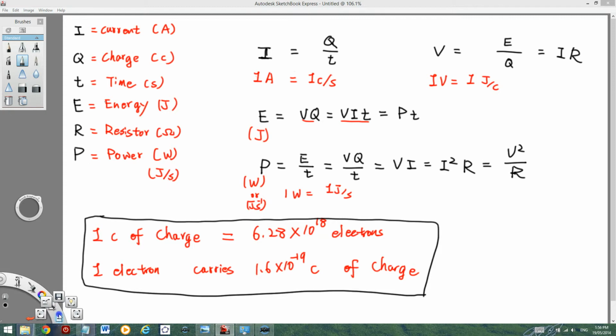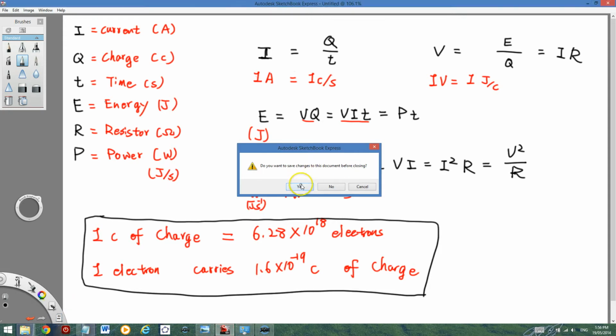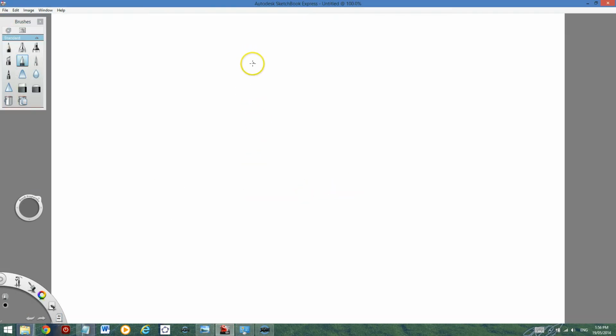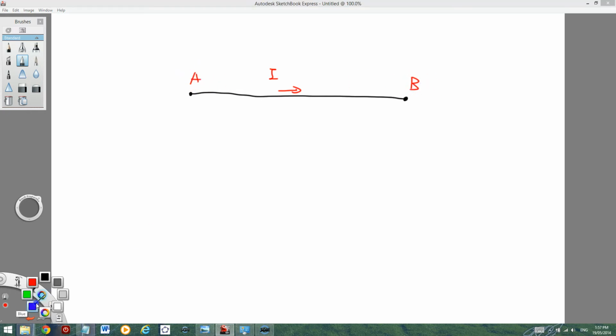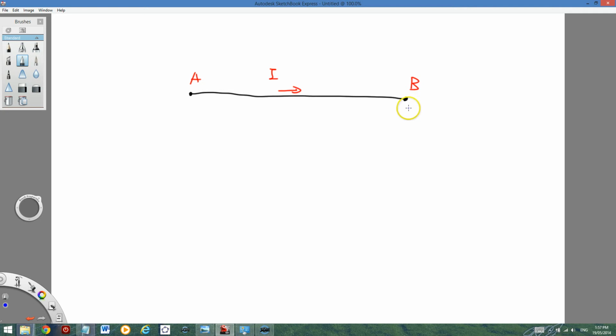Now, the other important thing, which we talked about in year 11. Say I have a wire and there's a current moving from A to B. What this means is that the current moves from the positive to the negative.